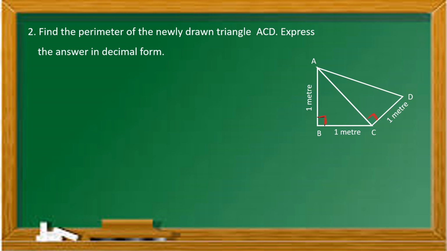So if we can find the hypotenuse of triangle ABC, then we get AC. And then if we have AC and CD, we can find AD using Pythagoras theorem. Okay. So in triangle ACD, what we have?